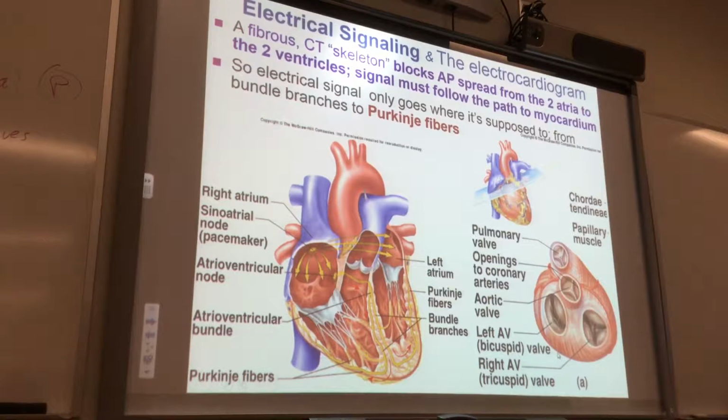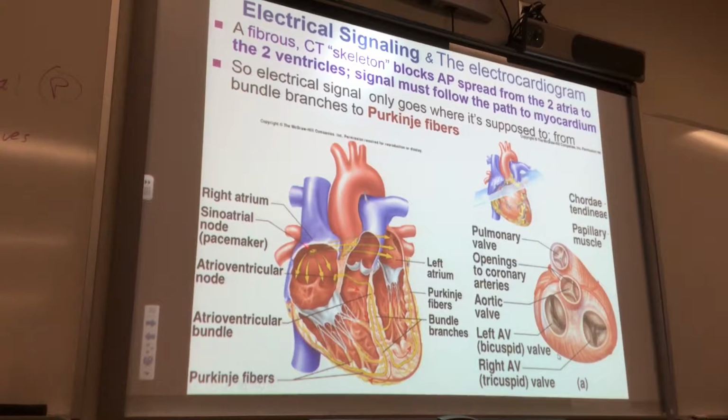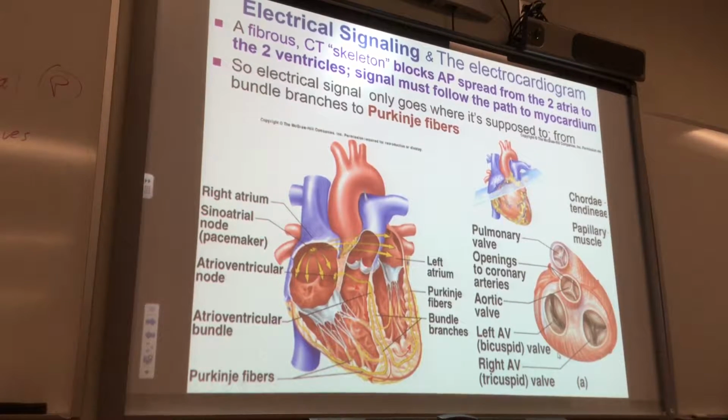So the electrical signal only goes where it's supposed to go, which is from SA to AV to bundle of His, to the right and left bundle branches, and to the Purkinje fibers. So in this cartoon, there would be a connective tissue skeleton running this way.